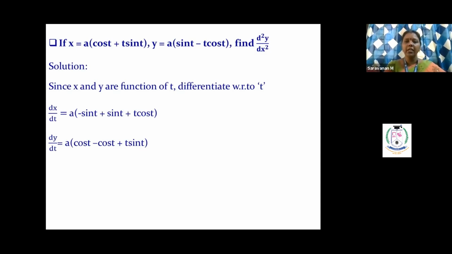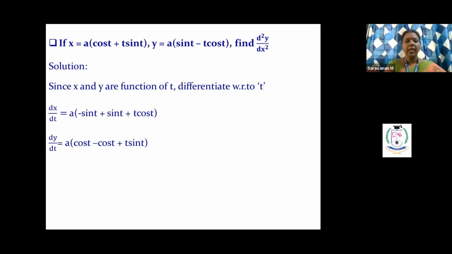So differentiating t, we are getting 1, so 1 into minus cos t. So just we have written here minus cos t plus t as it is. Actually, we must write minus t as it is. Differential of cos t is minus sin t. Okay, so minus sin t into minus t becomes plus t sin t. We are getting that.